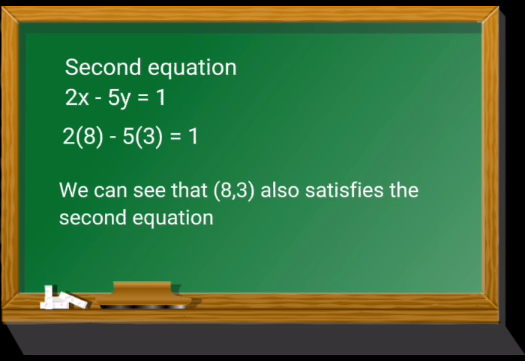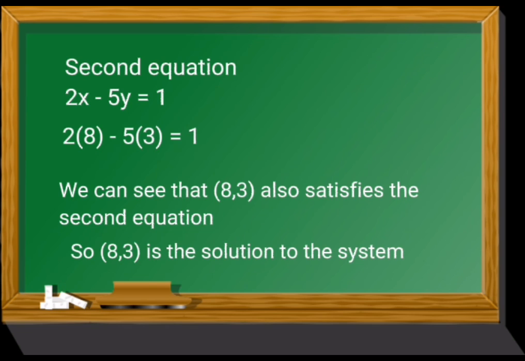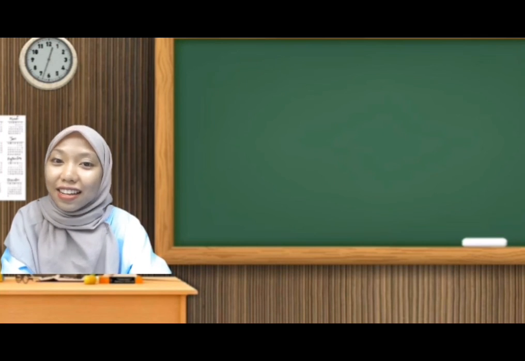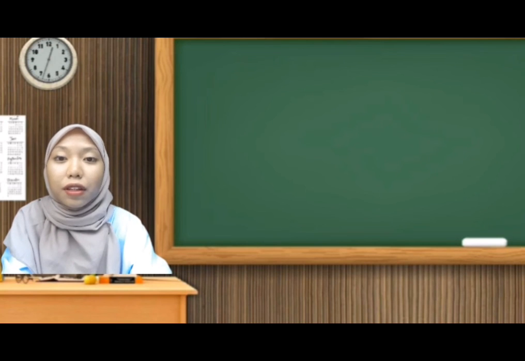And we can see that (8, 3) also satisfies the second equation. So (8, 3) is the solution to the system. So that's a little lesson about the system of linear equations in two variables.